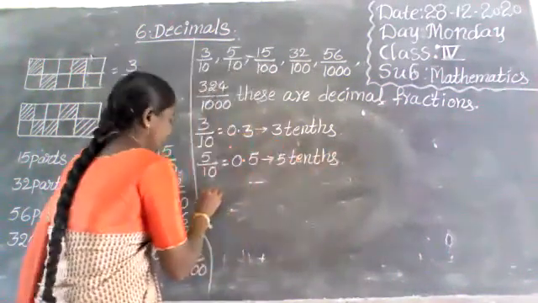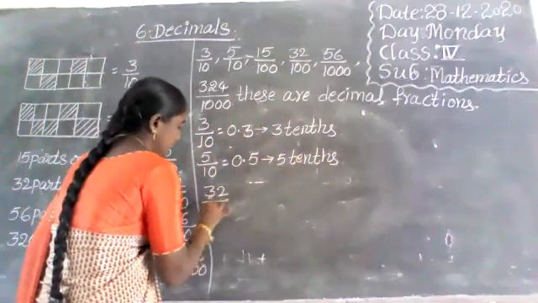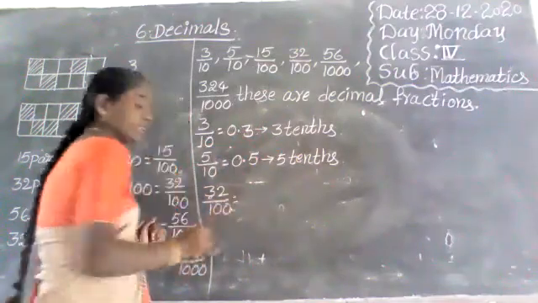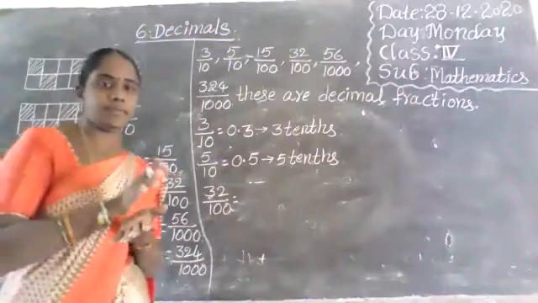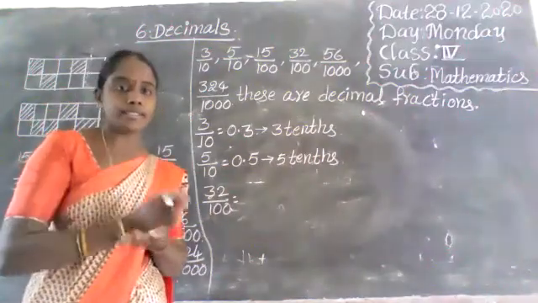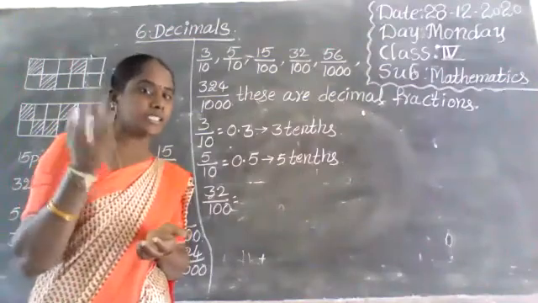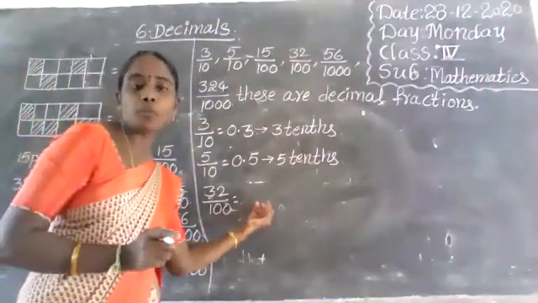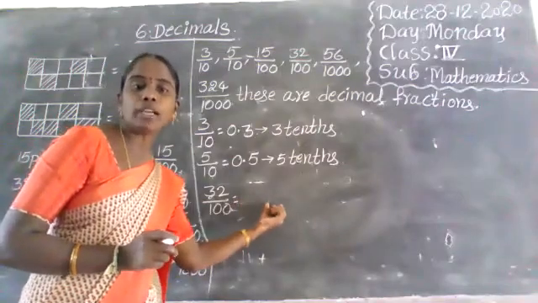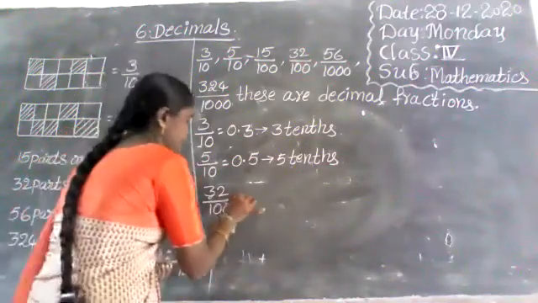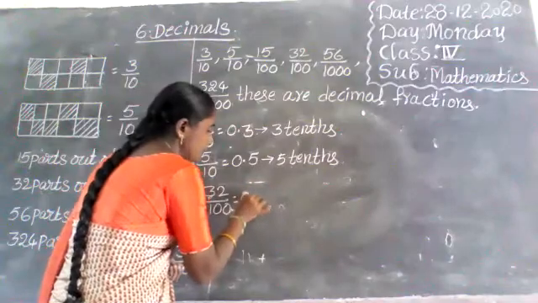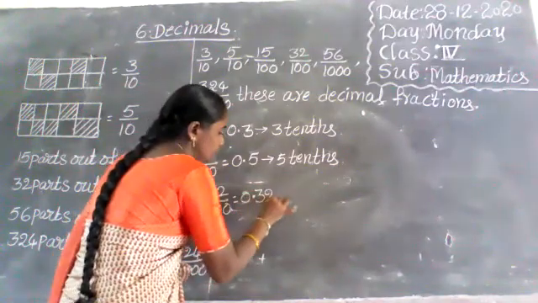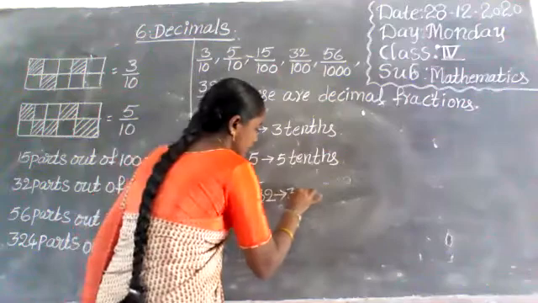Next, 32 by 100 is 32 hundredths. Hundredths is spelled H-S. We write it as 0 decimal point 32. 32 hundredths.